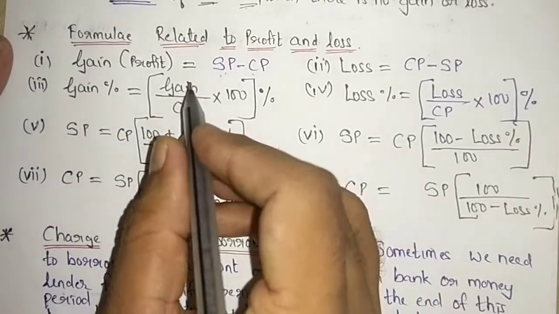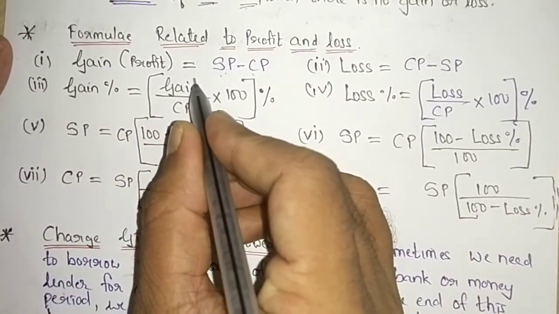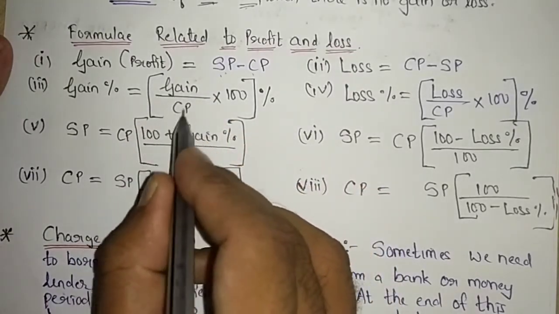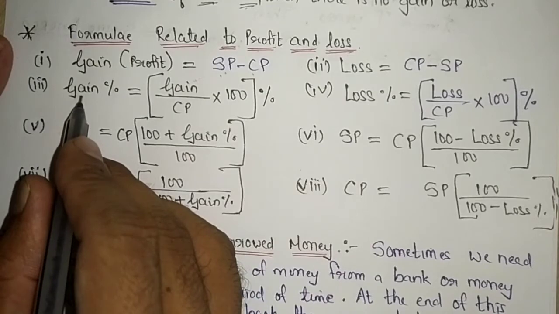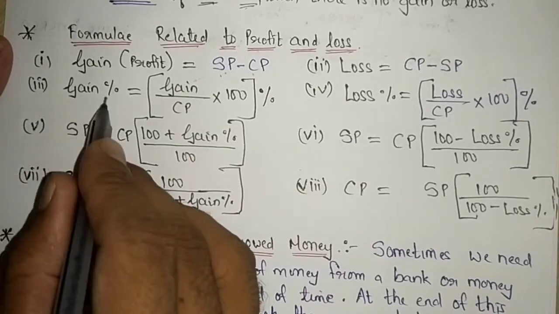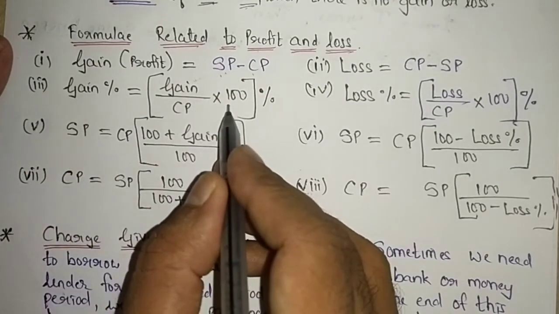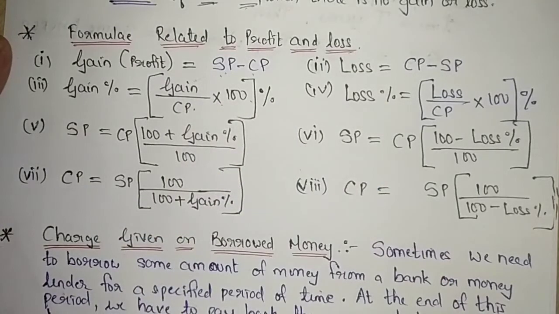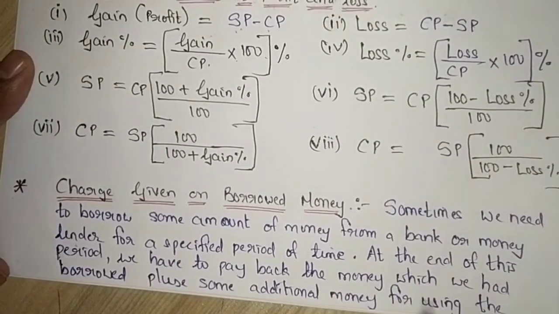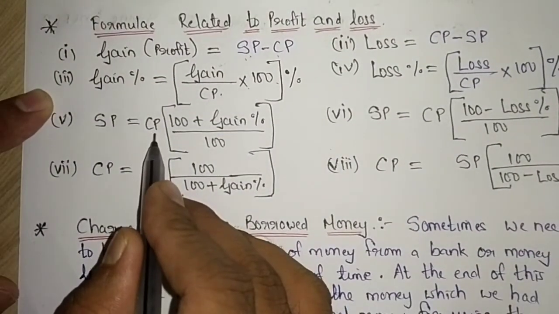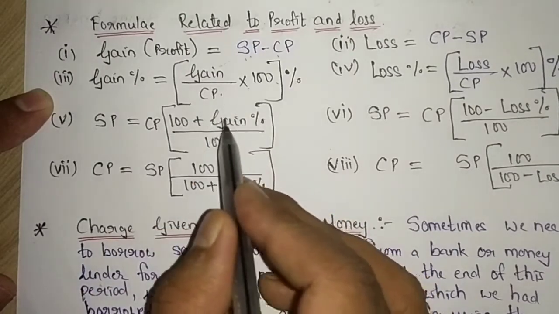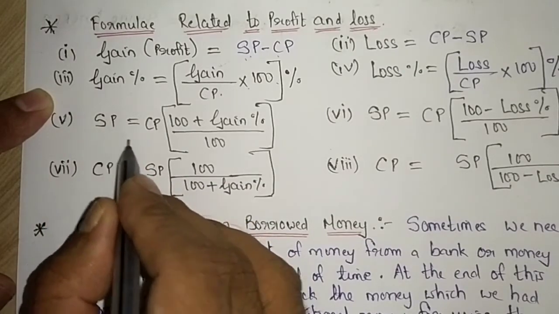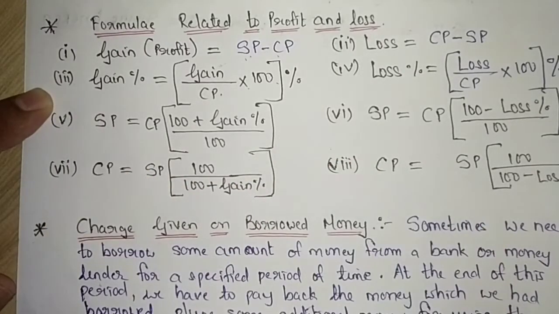Suppose you have the gain, that is the profit amount they have given you, and the cost price, and you are supposed to find profit percentage or gain percentage. So this formula will be applied: gain upon cost price into 100 and the percentage sign. Suppose they have given you cost price and gain percentage, and they told you to find selling price, then you will use this formula.